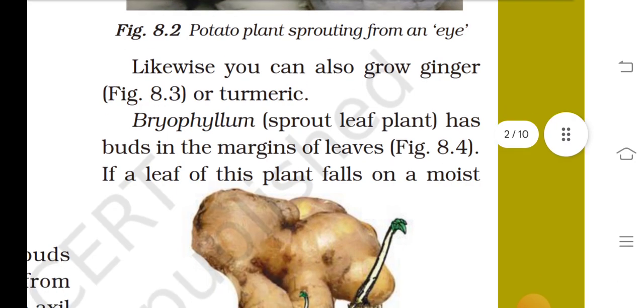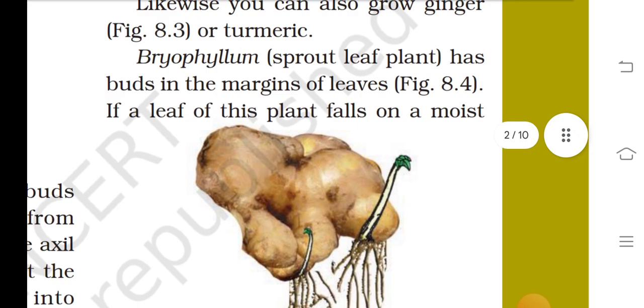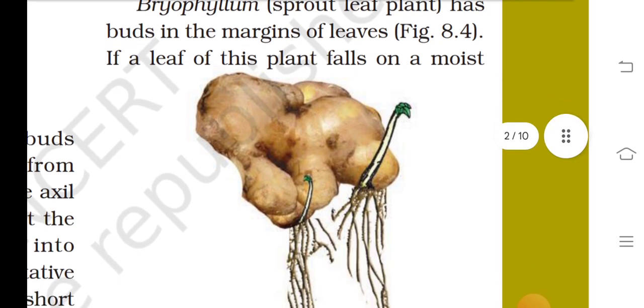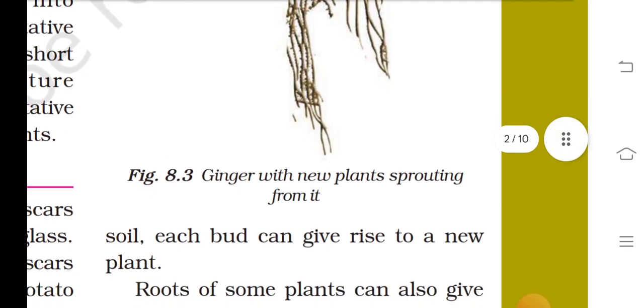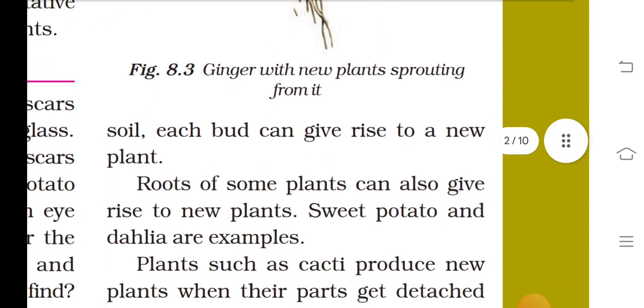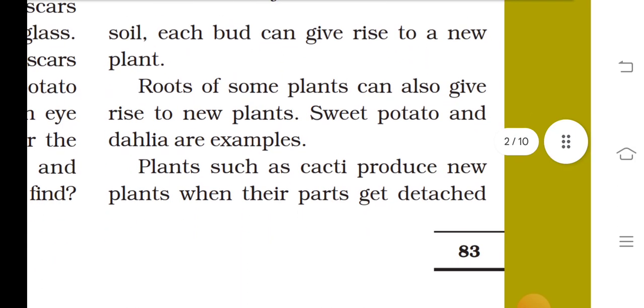Bryophyllum, the sprout leaf plant, has buds in the margin of its leaves. If a leaf of this plant falls on moist soil, each bud can give rise to a new plant. Roots of some plants can also give rise to new plants.